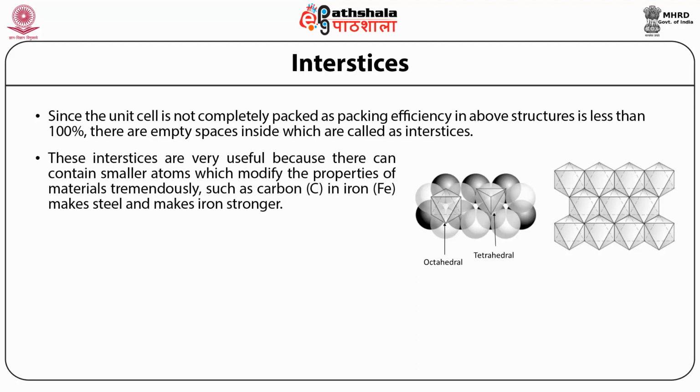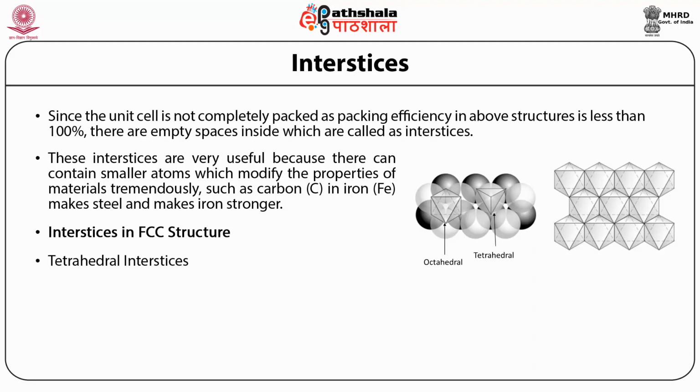These interstices are very useful because they can contain smaller atoms which modify the properties of material tremendously, such as carbon in iron makes steel and makes iron stronger. Interstices in FCC structure can be of two types. So there are two possibilities.